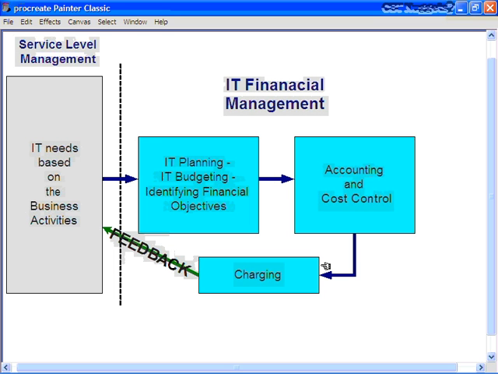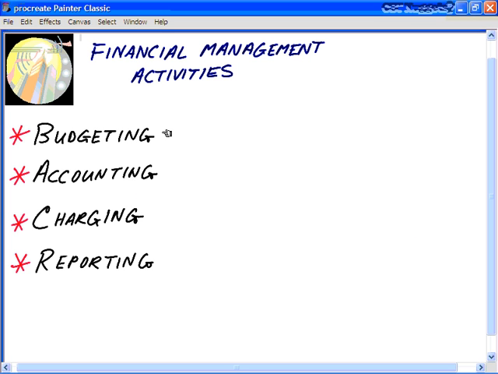And of course, this is feedback that goes back to the service level management, and this information is used to formulate service level agreements and contracts with customers, vendors, and strategic partners. And within this process, we've got 4 key financial management activities that relate to IT. That is budgeting, accounting, charging, and reporting. Let's investigate each one of these actions or activities one at a time.